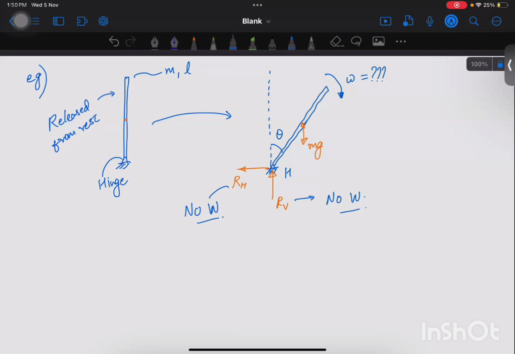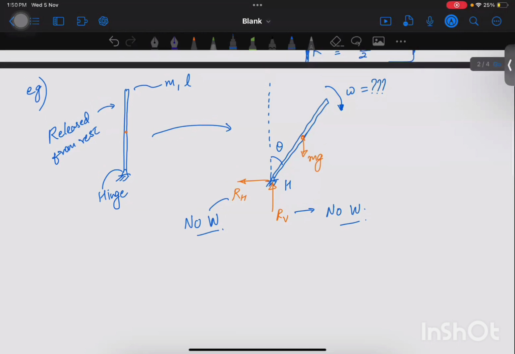Because of gravity, there is a change in the position of the center of mass. Earlier, this was the center of mass. Now, this is the center of mass. This height over here is nothing but equal to h. So the work done by the force of gravity on the center of mass is positive work.